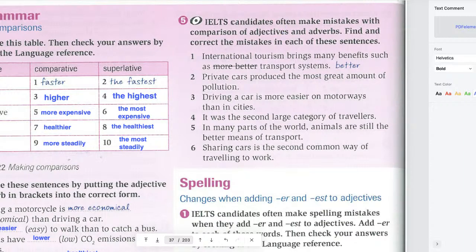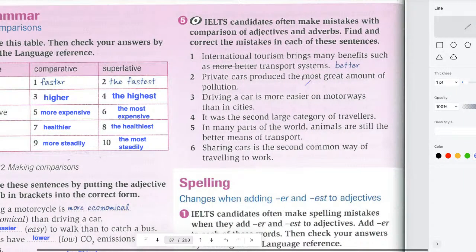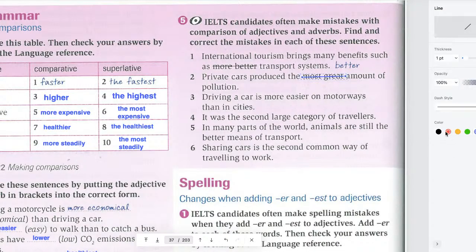So that one is wrong, right? So we don't use that. So what should we use? Okay, we replace most great by greatest, right? So private cars produce the greatest amount of pollution.